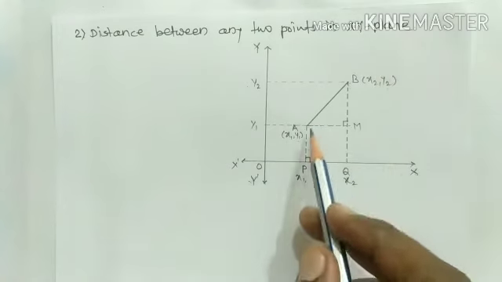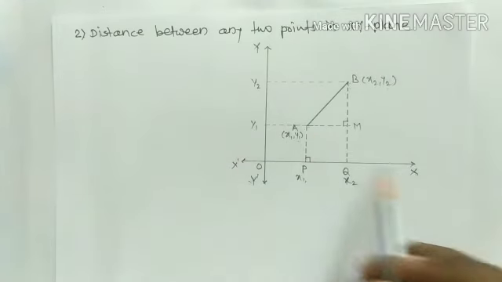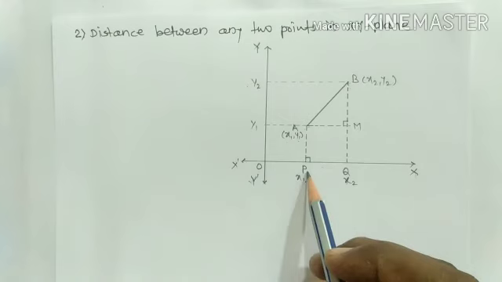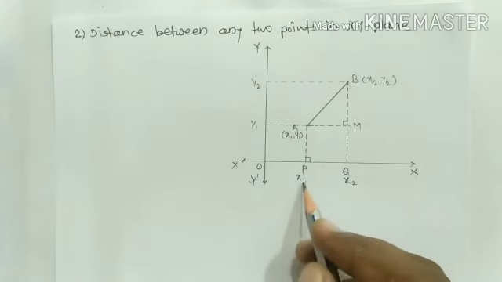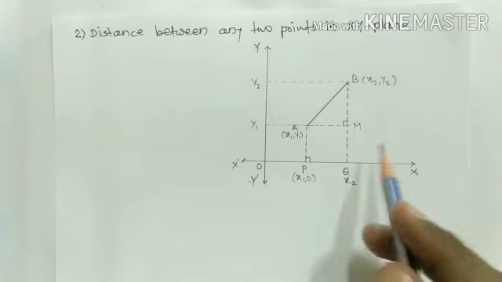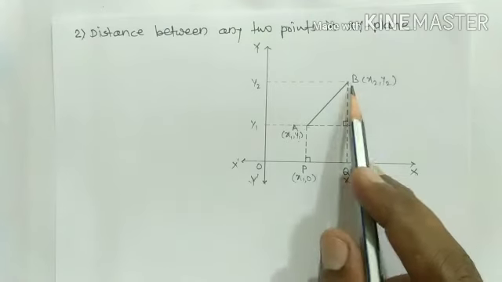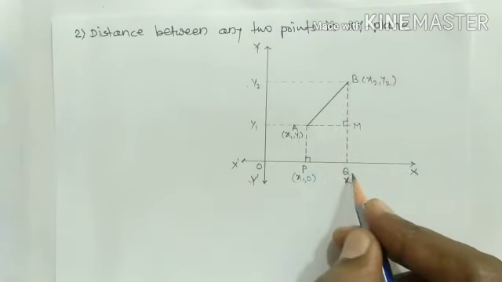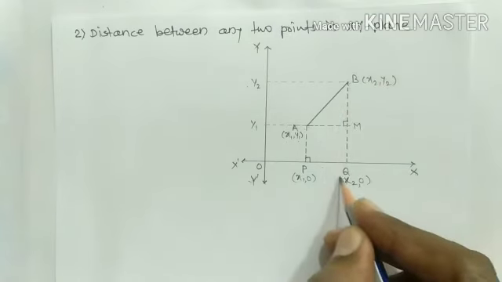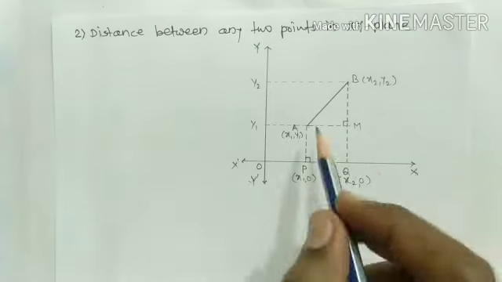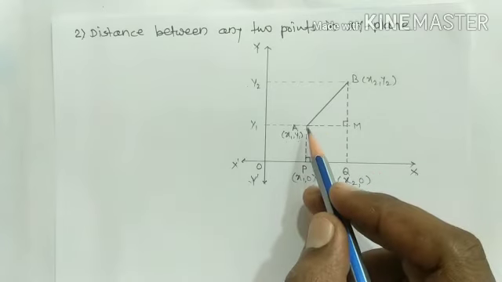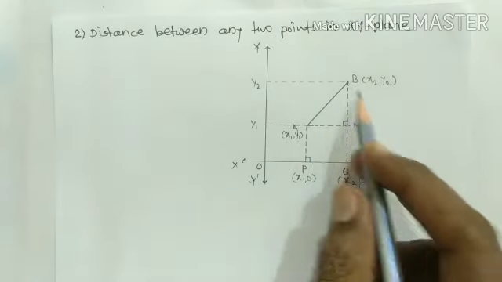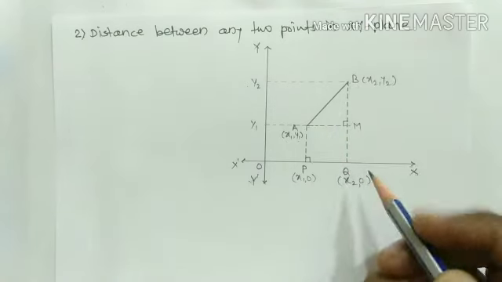Here we draw the perpendicular from point A to the x-axis, which intersects at point P, having coordinates x1, 0. We draw the perpendicular from point B to the x-axis, which intersects at point Q, having coordinates x2, 0. Now we also draw segment AM perpendicular to segment BQ.